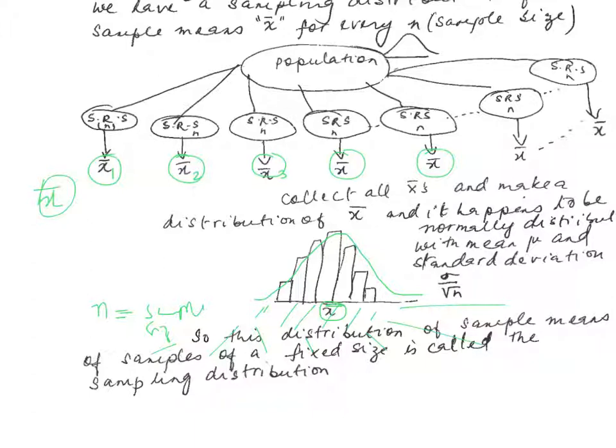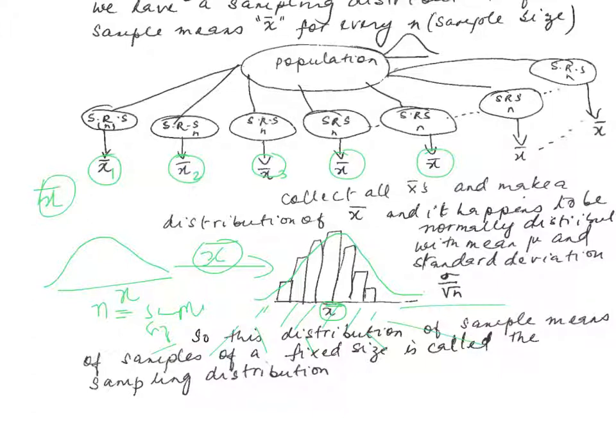The distribution of the original variable x is normally distributed. After following the process, finding several simple random samples and the means from each of those samples, our new variable becomes x bar, and when we make a histogram of all the x bars, it turns out that the distribution is again bell-shaped.